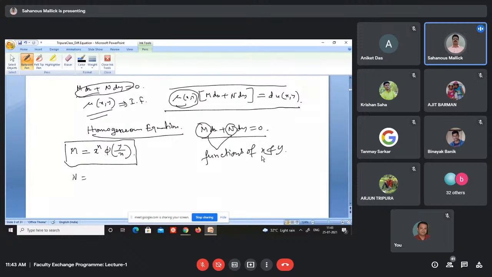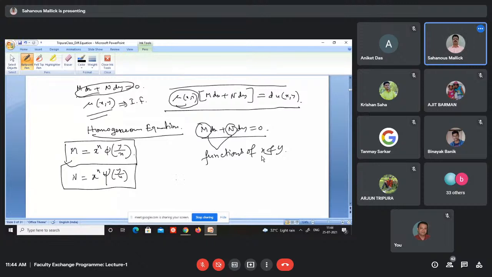Similarly, N is said to be a homogeneous function of degree n if N is expressible in the form x to the power n psi of y by x. So the differential equation M dx plus N dy is said to be a homogeneous equation of degree n if M and N are both homogeneous functions of degree n.